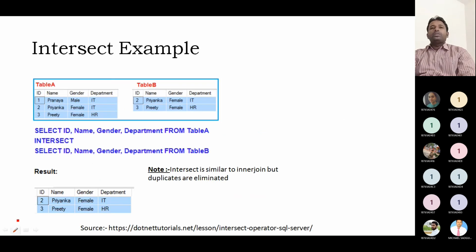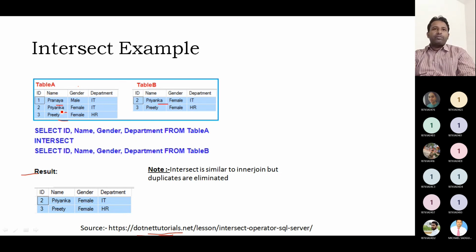So example. Suppose there are two tables, table A and table B. This is from this particular website, .NET tutorials. Now, table A: Pranaya, Priyanka, Preeti. Table B, again Priyanka.